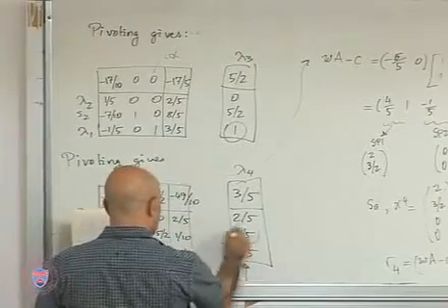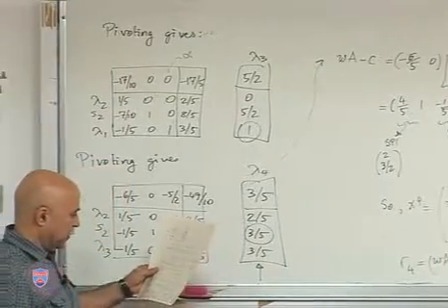You look at the ratios. That is the pivoting element at the end.